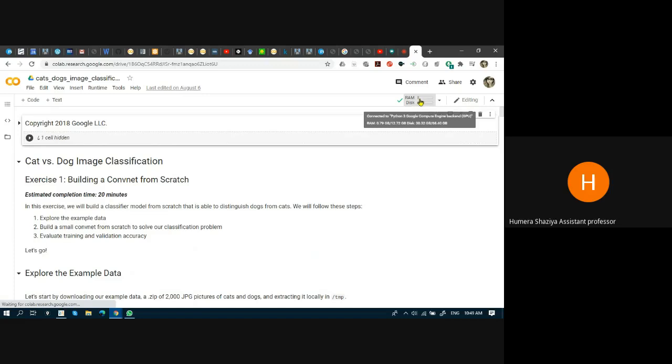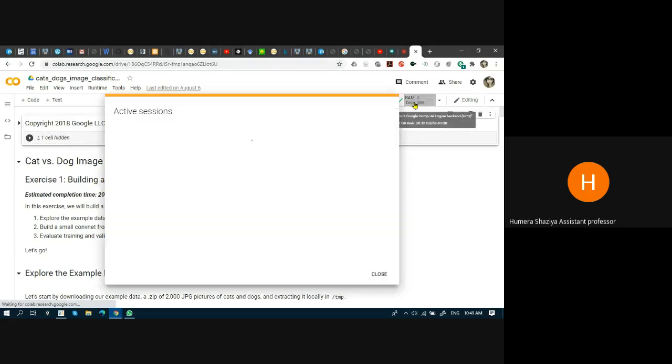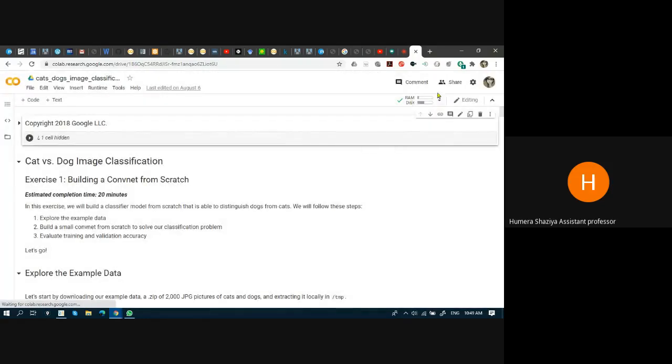Free service is 12 GB RAM, actually 12.72, and disk is 30 GB. No, 64 GB is allocated. I'm using 30 GB out of 64 GB. So 68 GB is allocated to me.